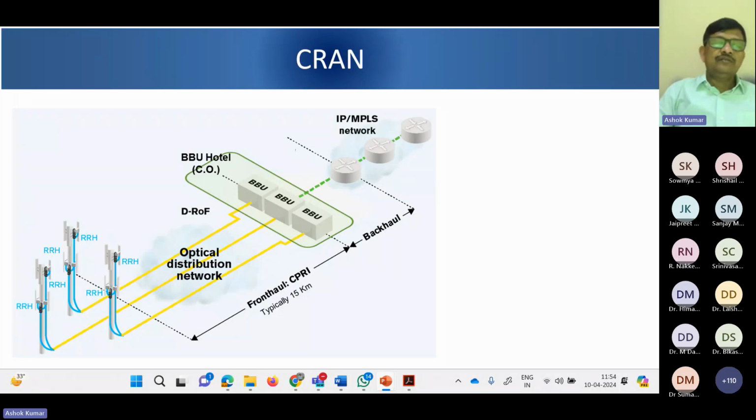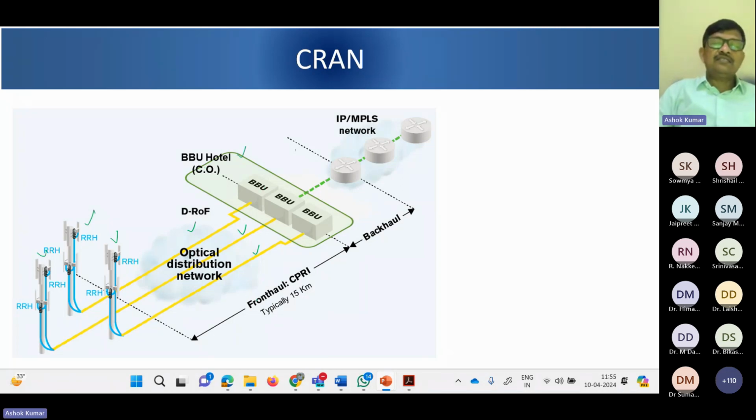Okay. So basically, finally, this comes out to be an architecture like this: the radio remote head or antenna plus RF is on top of the antenna. Fiber is connecting this to a centralized BBU. We call it central office or BBU hotel.